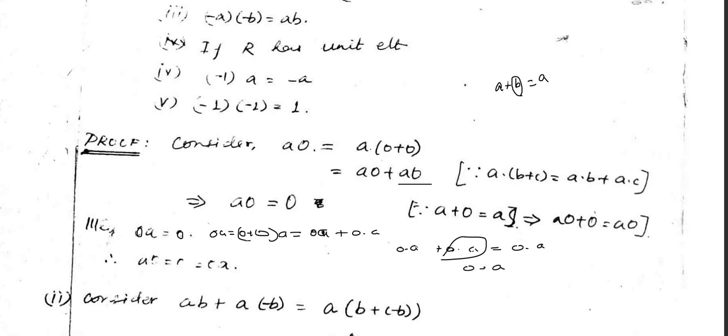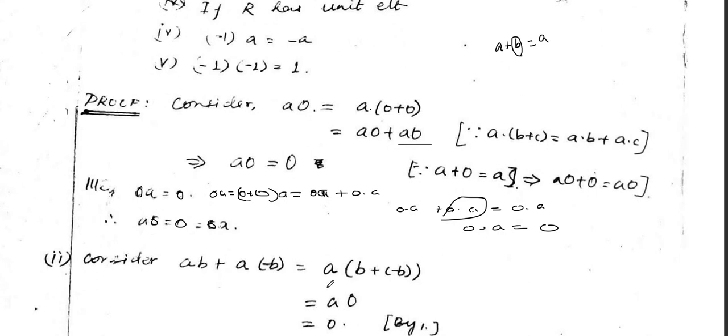So you have 0 into a to be 0. So a0 is also 0 and 0a is also 0, where 0 is the additive identity of the ring R. And coming to the next one, ab plus a into minus b.